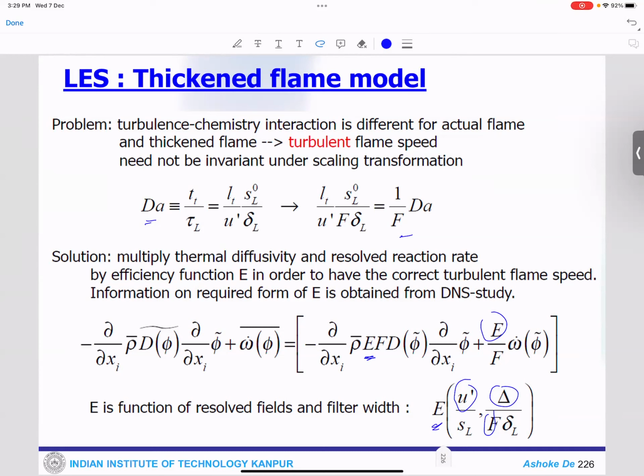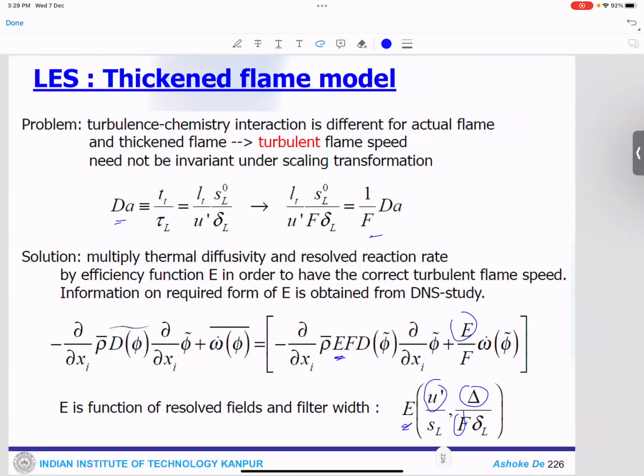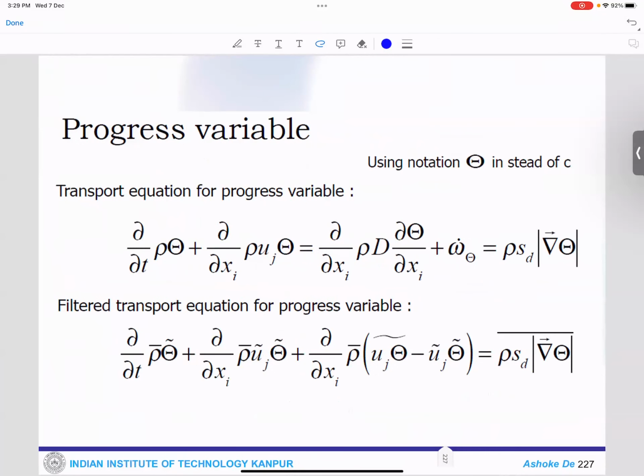So in the LES context, if you have this kind of thickened flame front, this is one approach which is also now available in commercial software, and it allows you to capture this kind of premix flame. Now the other way is the progress variable approach, which we have already talked about.